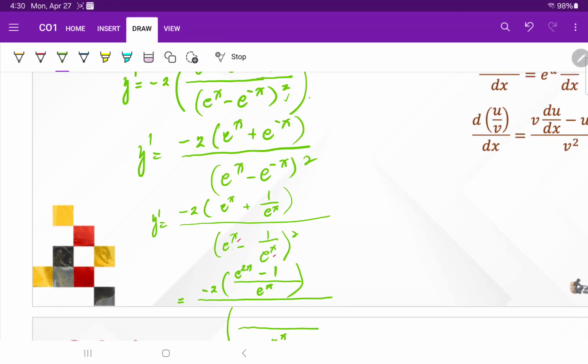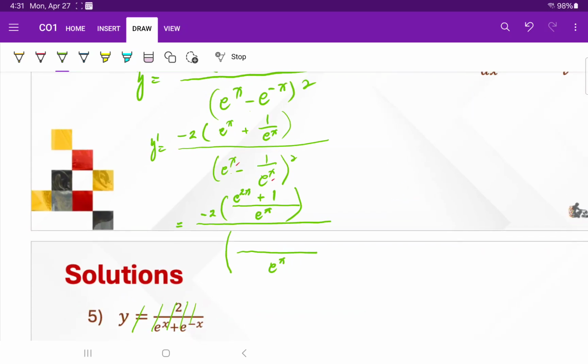This should be e to the 2x plus 1. Alright, that's our LCD in the numerator, e to the x. Now, in the denominator, we also have e to the x. So in the denominator, we're simplifying this one, so we'll have e to the 2x minus 1, and this is squared.